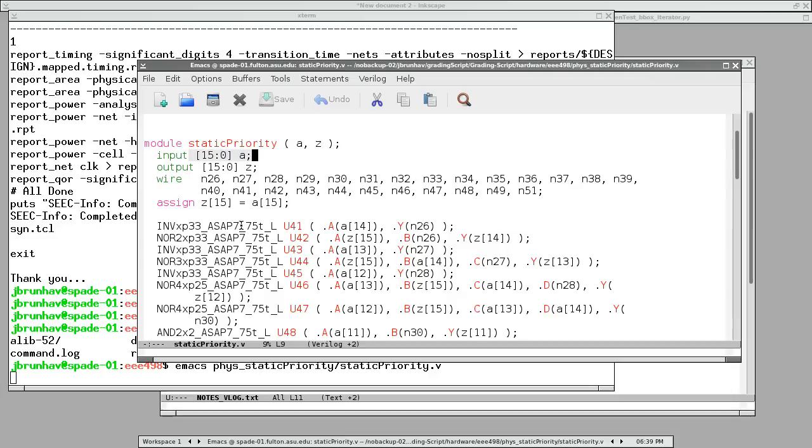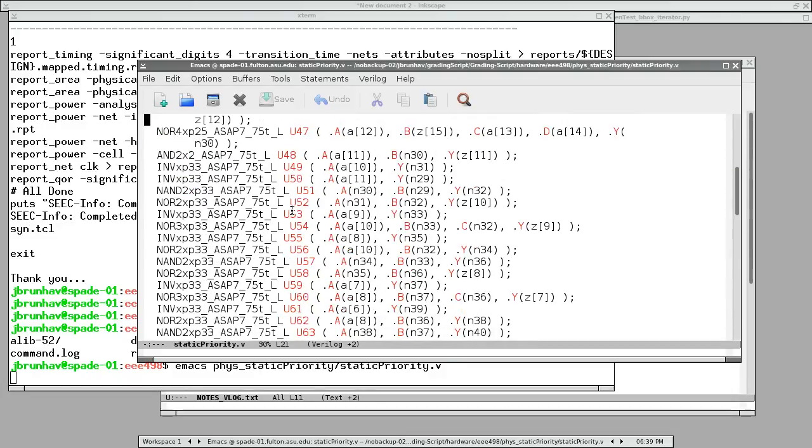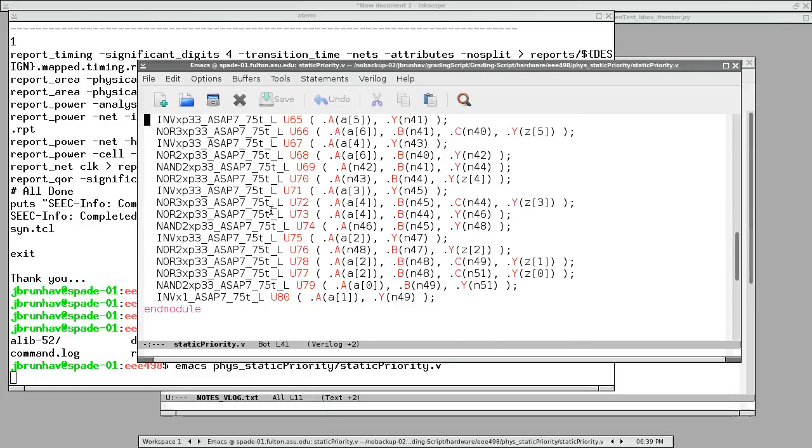This is interesting. It looks like it's just shorted these two wires. That's probably what we would like it to do in general, but we may need to actually add constraints later. But otherwise, it's just a sea of gates.